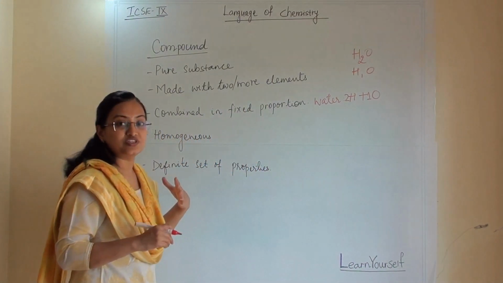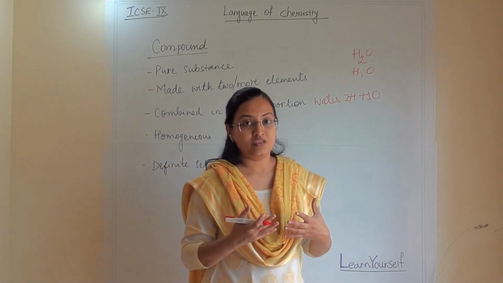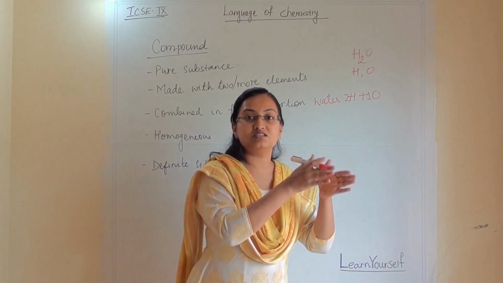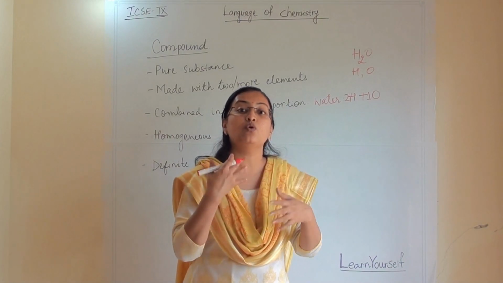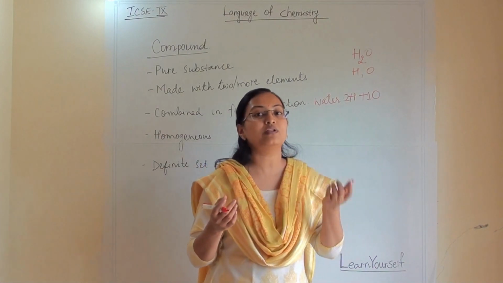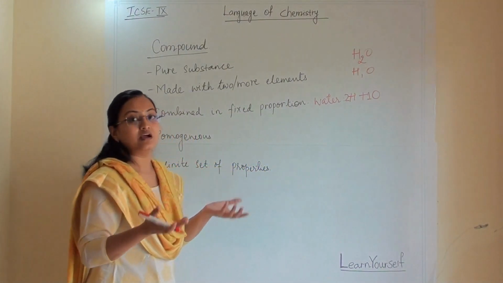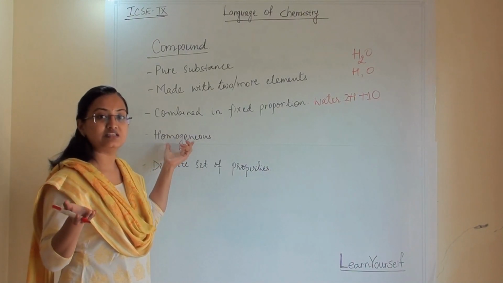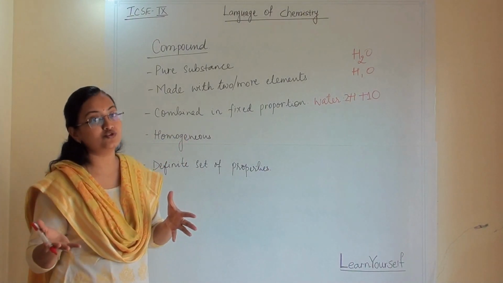It is homogeneous. They are mixed well. For example, you cannot differentiate that this is this molecule, this is that molecule. It is homogeneous, evenly mixed. Physically, you cannot take out anything out of it. Earlier we have seen heterogeneous and homogeneous.